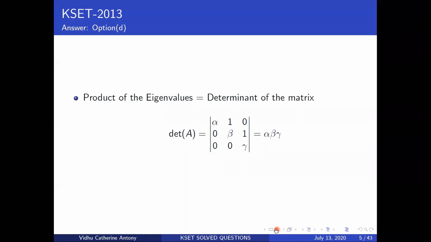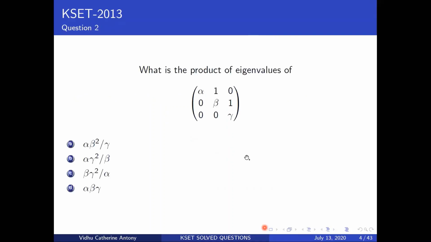What I'd like to talk about is a method called Sarrus's method. Basically, you write these two columns here again. So you write alpha 0, 0, 1, beta 0. You multiply along the diagonal and you get alpha beta gamma.